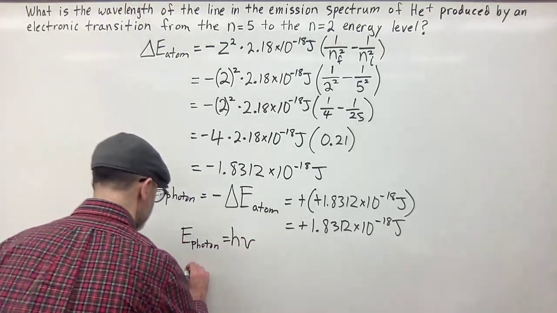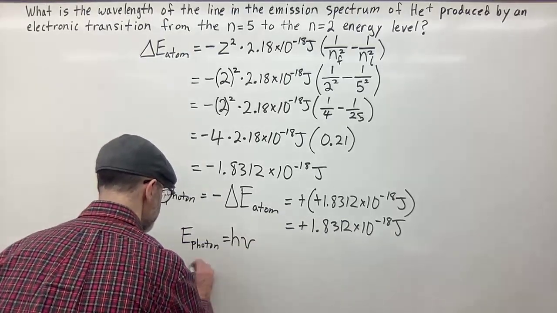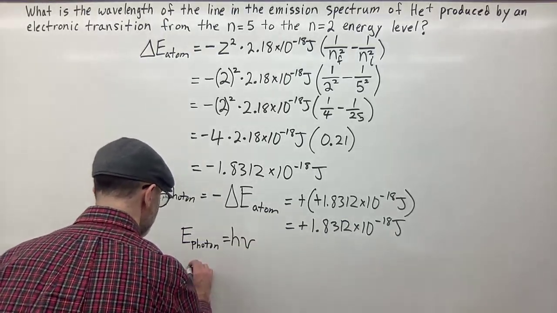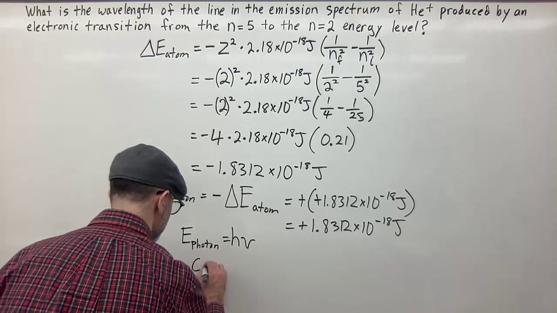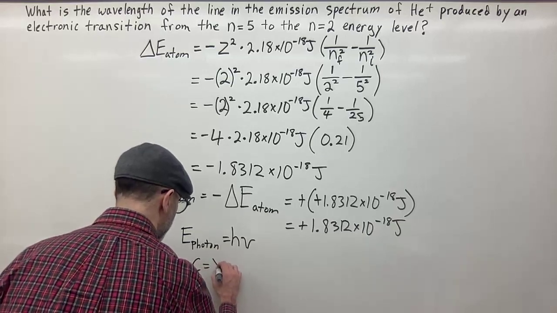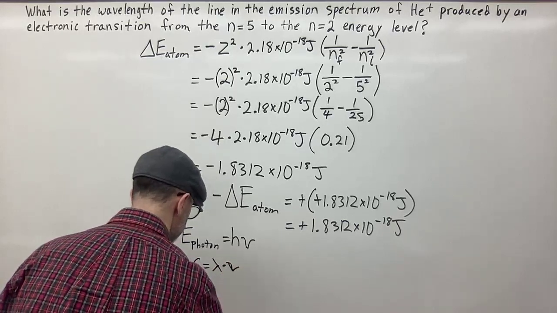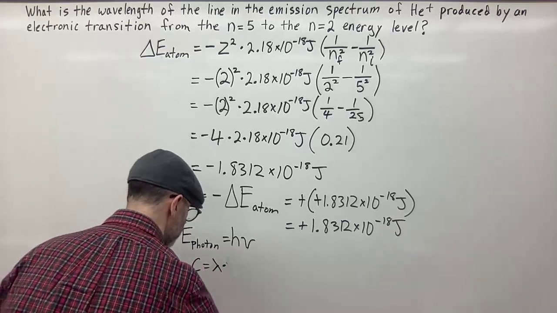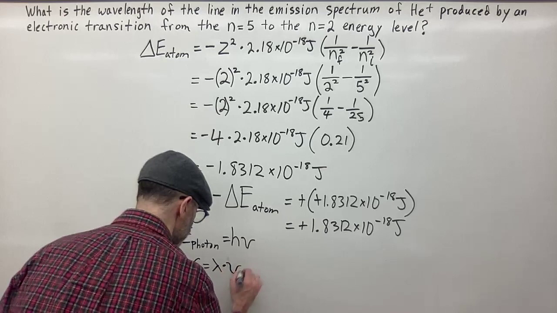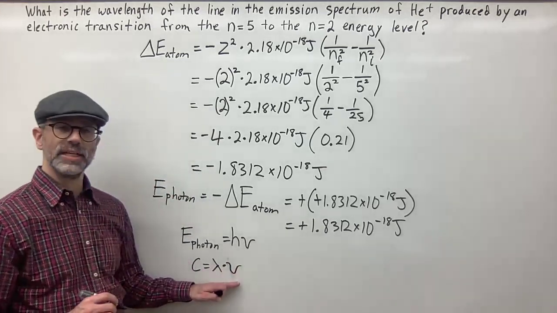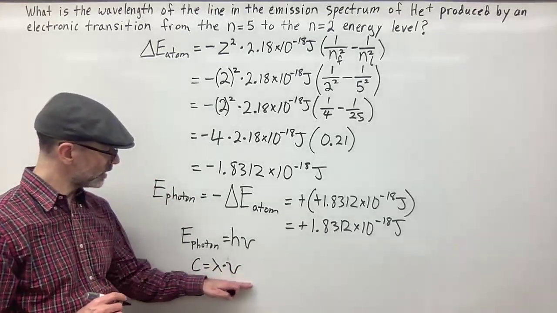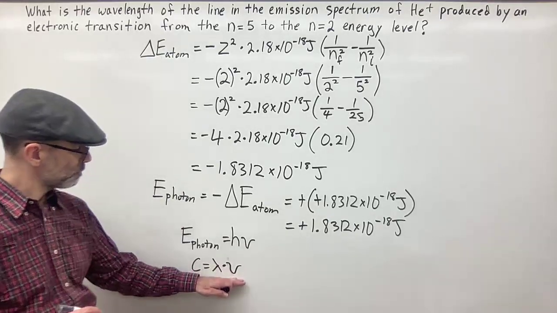We know that frequency and wavelength are related to the speed of light. So the speed of light is equal to wavelength multiplied by the frequency nu. Nu is the Greek symbol that stands for frequency.